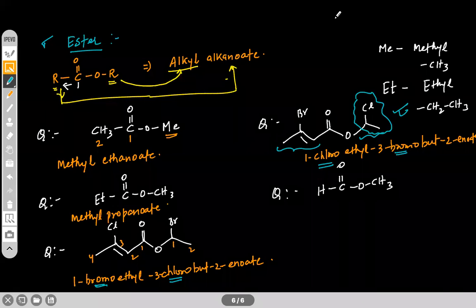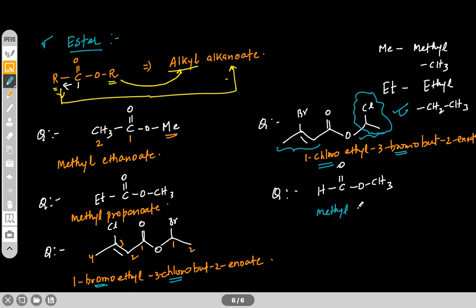We always write down the alkyl part first, right? Whether it is coming first alphabetically or not. Okay, that is why I've given you these two examples. This one is methyl methanoate. Okay, next example.